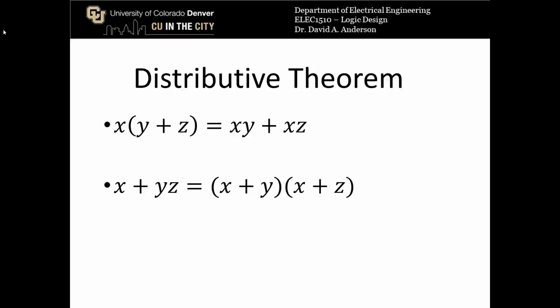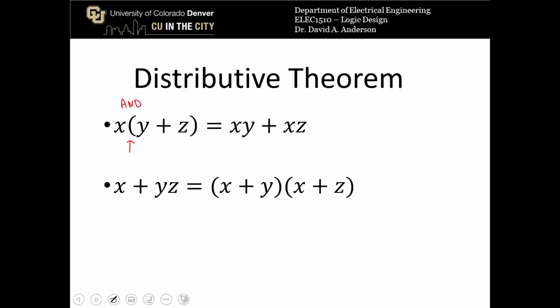Okay, so the first theorem is the distributive theorem, which has two little parts to it. The first part is where x and or are multiplied. So whenever you have this multiply with two variables just next to each other, that's an and function.